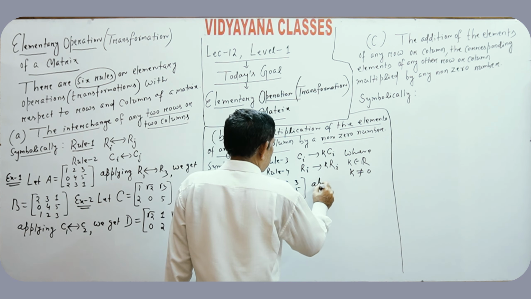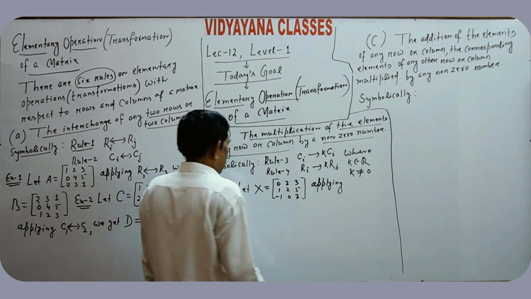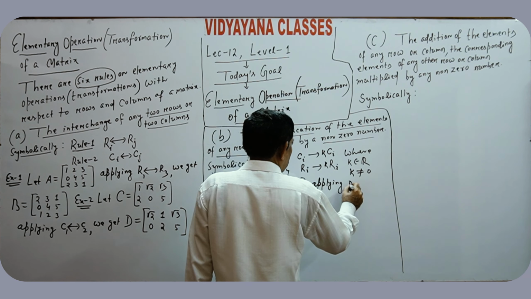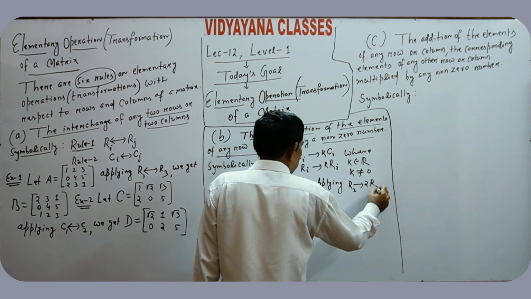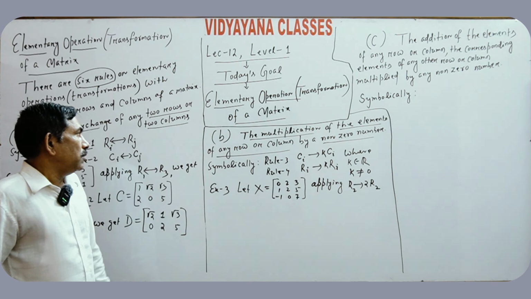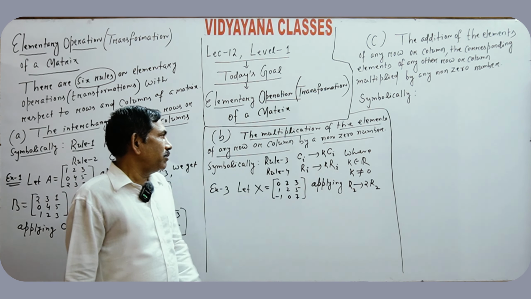Applying row 2 replaced by 2 times of row 2. The multiplication of the elements of any row or column by a non-zero real number.